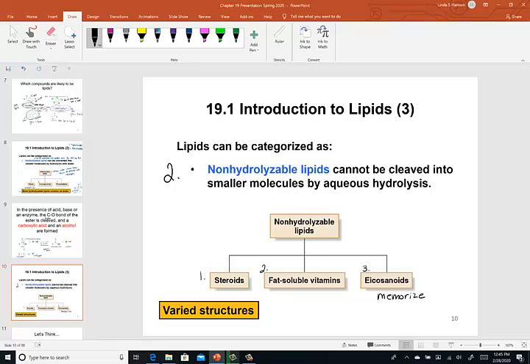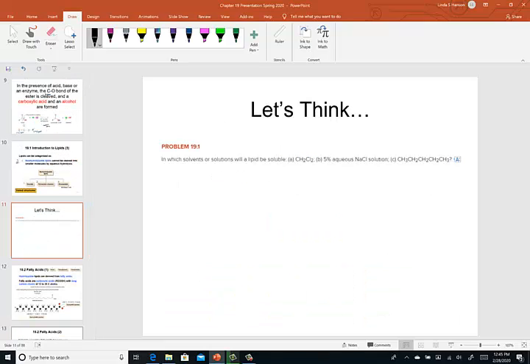Non-hydrolyzable cannot be broken down with the addition of water. Hydrolyzable does indeed get broken down, and we saw that by breaking the CO bond, forming carboxylic acids and alcohols from an ester linkage. Well, let's think that through. In which of the solvents or solutions would a lipid be soluble?